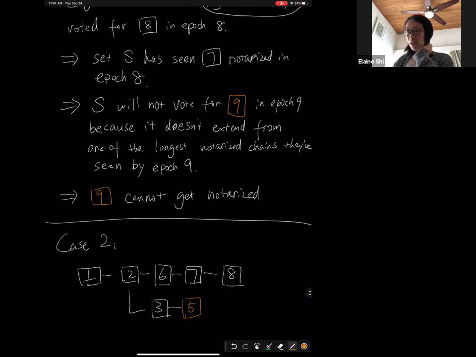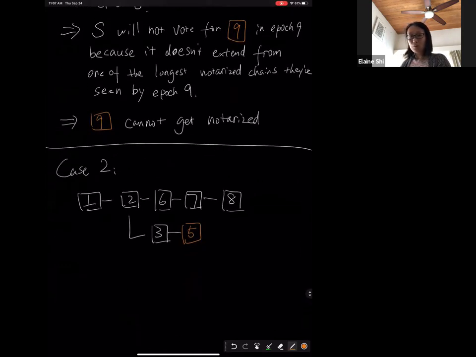And I claimed earlier that if the orange block has epoch number greater than 9, all of the same proof should still hold, and you can check for yourself. So now what about case 2? How do we rule out case 2? If this orange block got notarized, then the chain above the 7, 8 blocks would not be notarized.